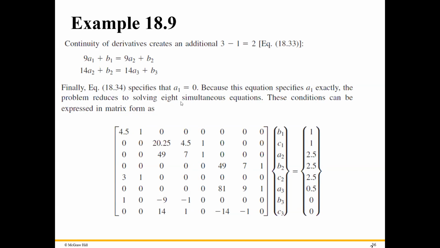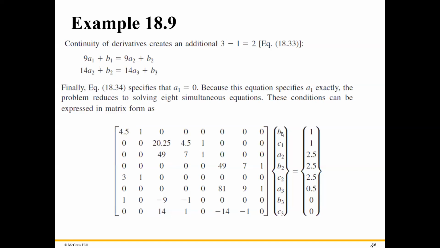So if the second derivative is 0, then A1 will be equal to 0. So this is our 9th equation, but we can simplify by putting A1 equal to 0. So in the end, we will get an 8 by 8 matrix.